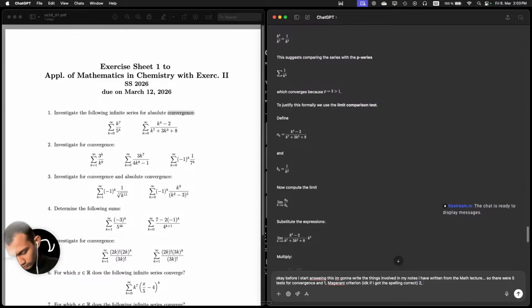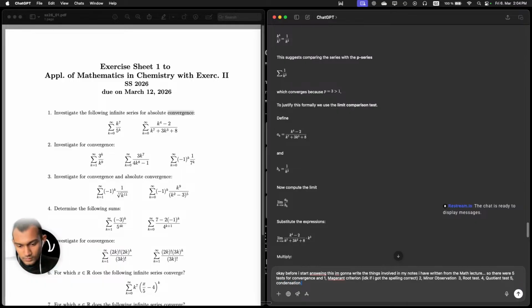Two, minor observation. 3, root test. 4, quotient test. 5, condensation test. 6, Leibniz criterion.